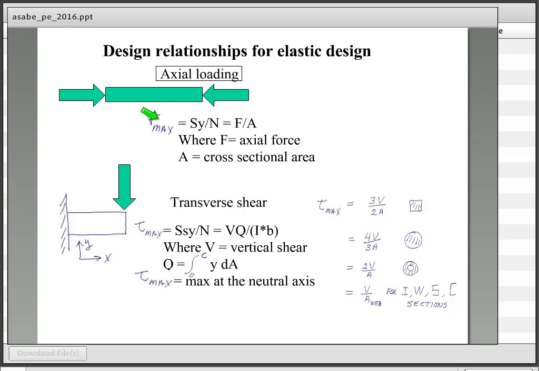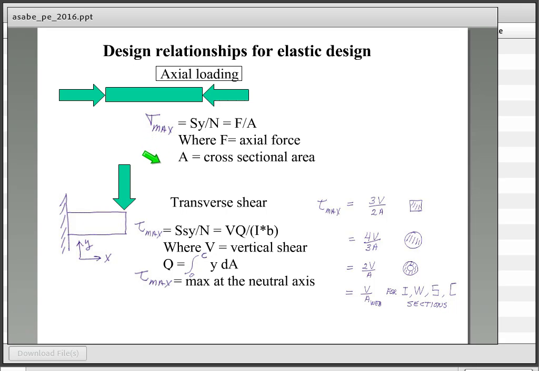So in other words, we'd be designing for a maximum stress of yield divided by our factor of safety. In the case of axial loading, of course, we remember that's just the force divided by the cross-sectional area of the part. That would be like a column loading or axial loading in a rod or a truss member of that sort. And that's pretty straightforward.